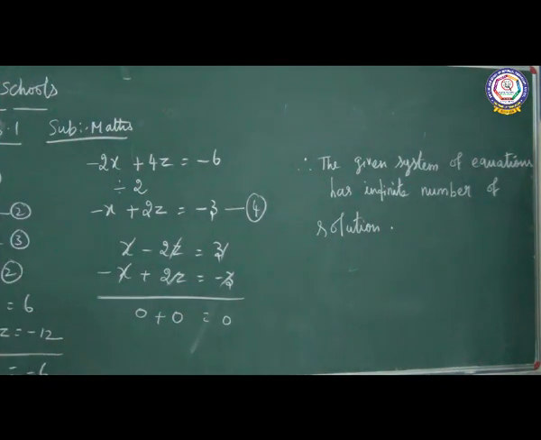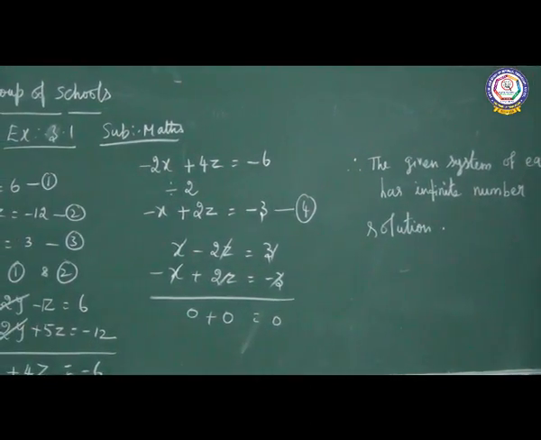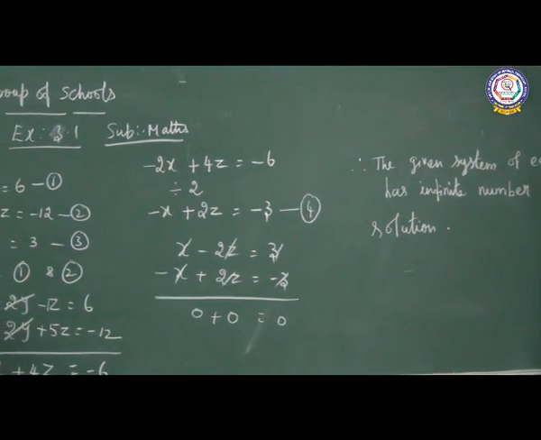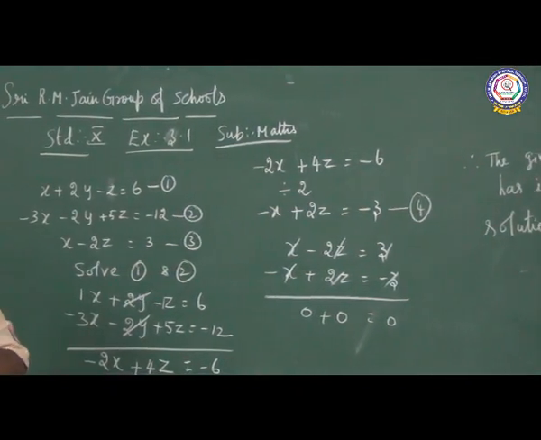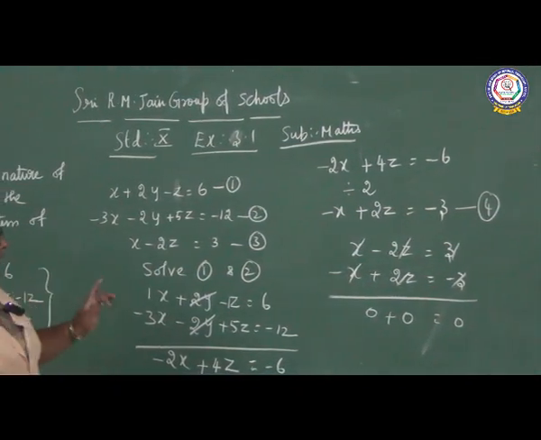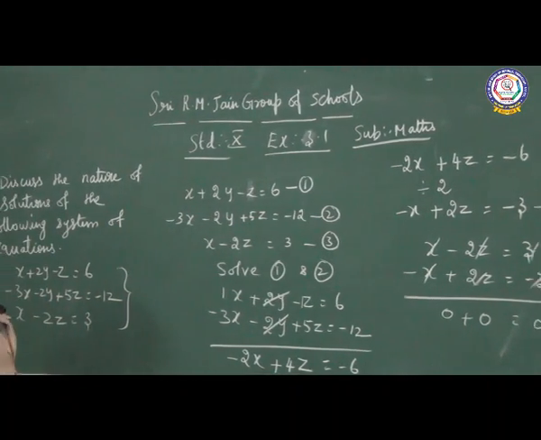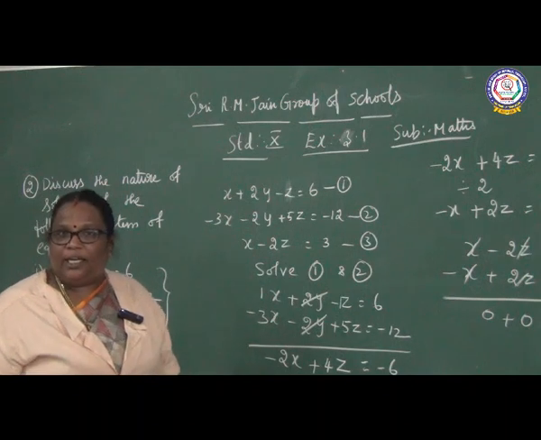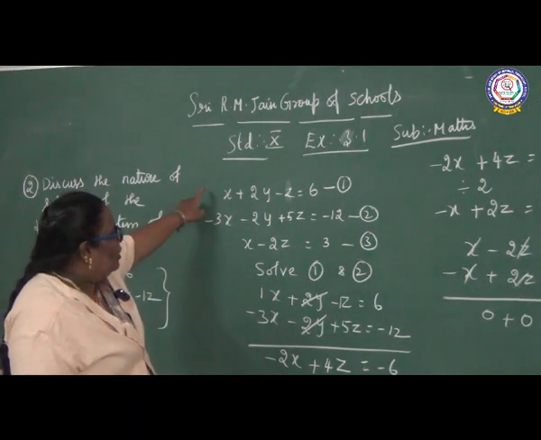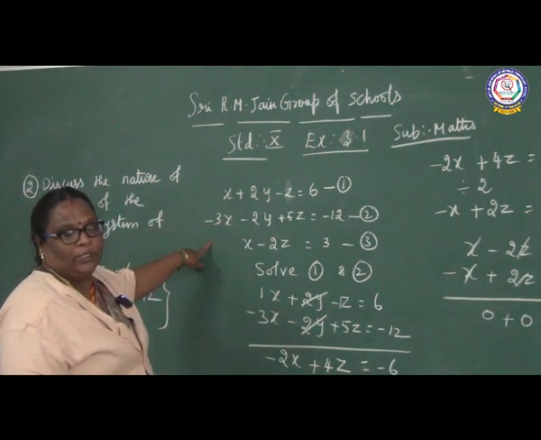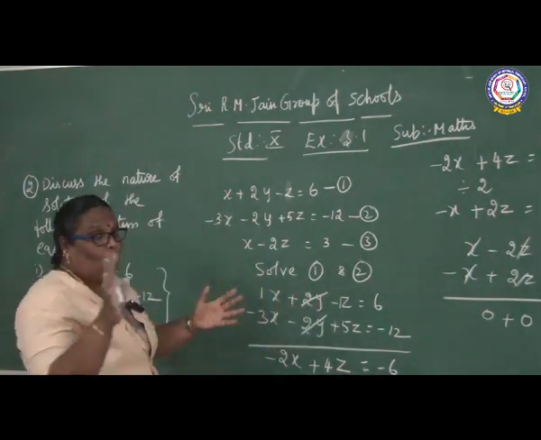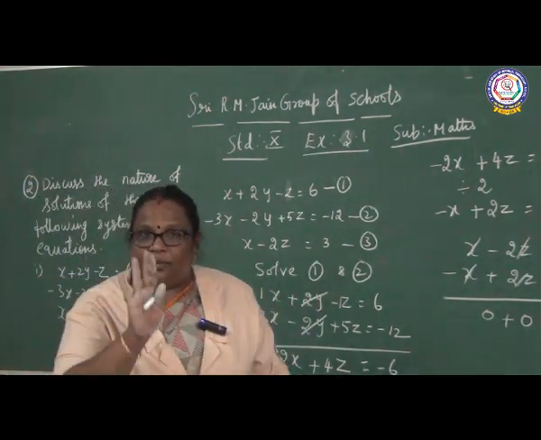See here, I repeat once again. Previously we have seen only 2 equations. I told you the formula for the 2 equations. You already saw the 3 methods. See here, 3 equations they have given. So, I will write first equation, second equation and third equation. Solve 1 and 2. In the third equation, there is no y term, the y term becomes 0.